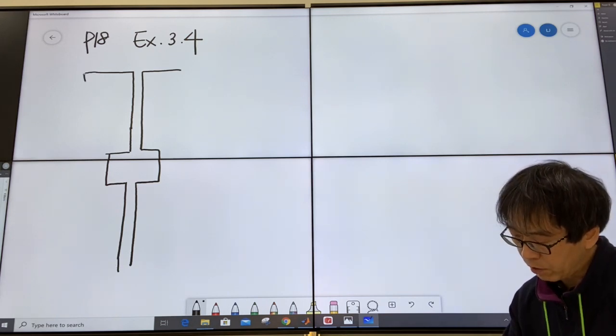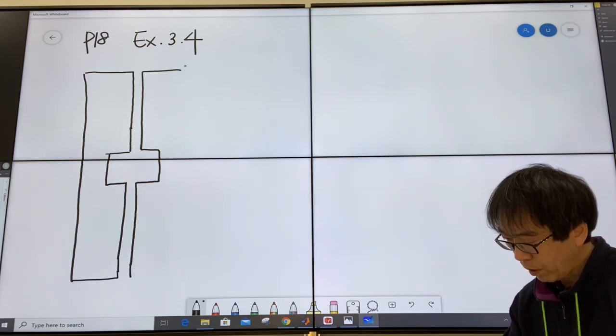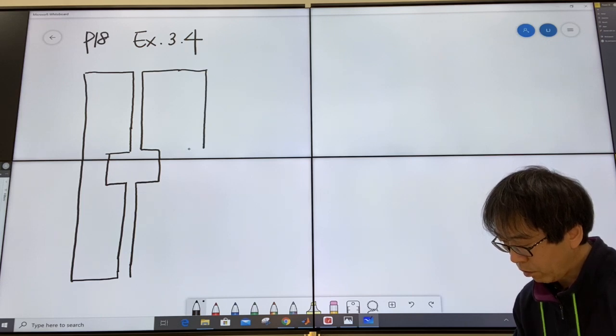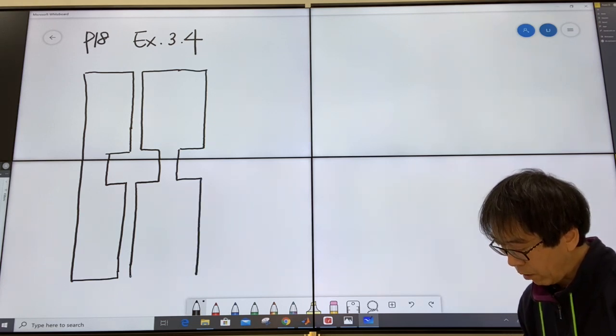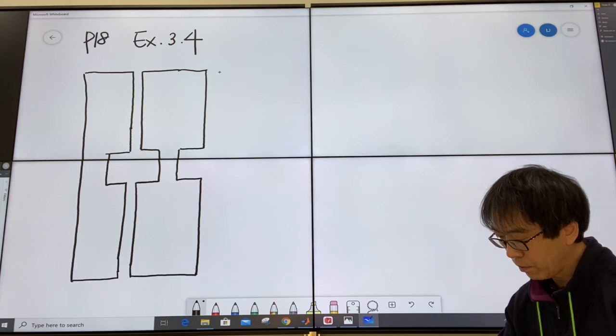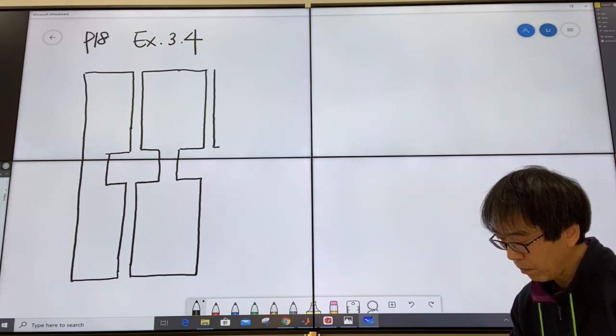I'm going to explain soon. With this silicon nitride structure. What is silicon nitride? Well, I guess I need to explain later on. I cannot explain too much today because of the lack of time.